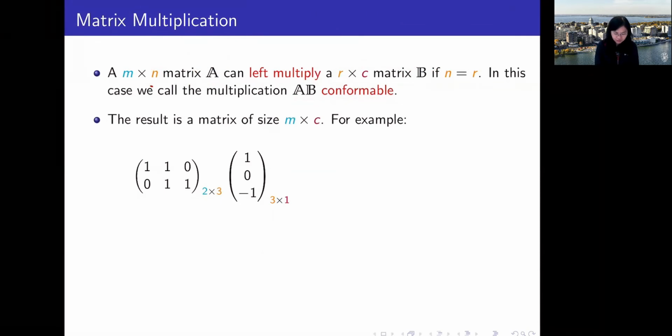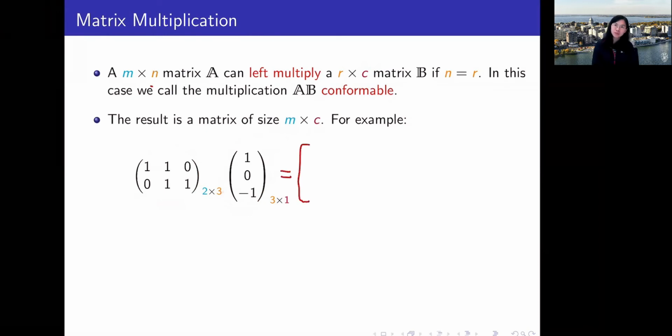And the resulting matrix is of size M times C, where M is the number of rows for the first matrix and C is the number of columns for the second matrix. For example, let's say this is A and this is B. We can do this multiplication in the following way.